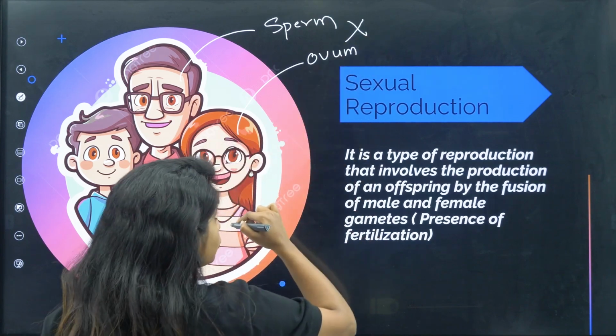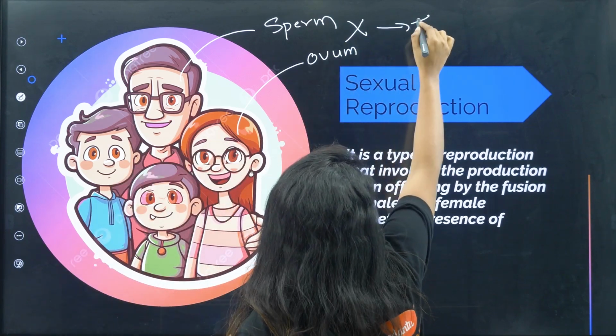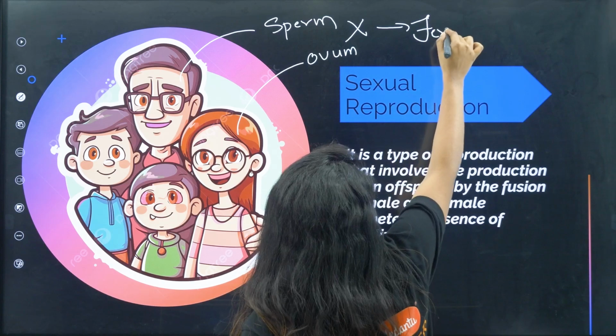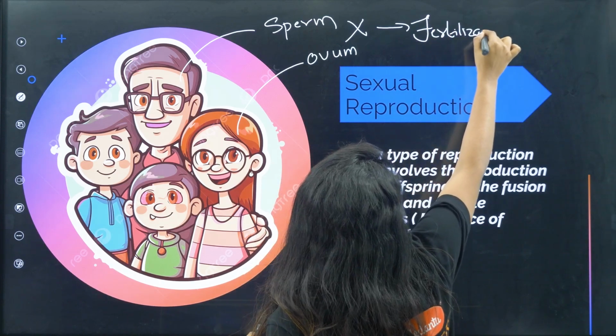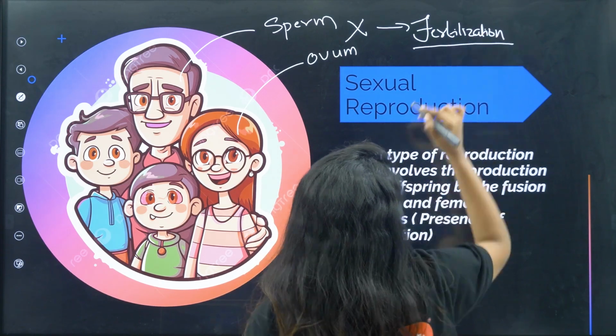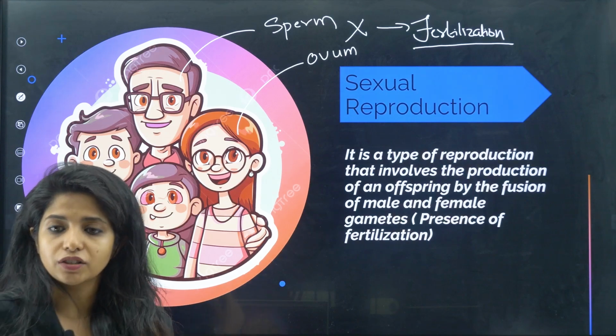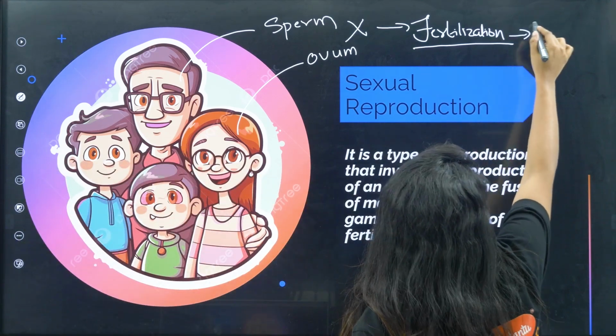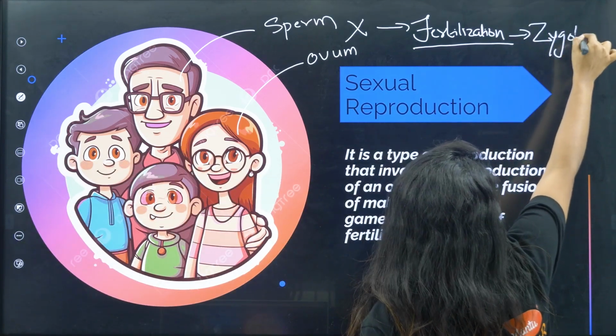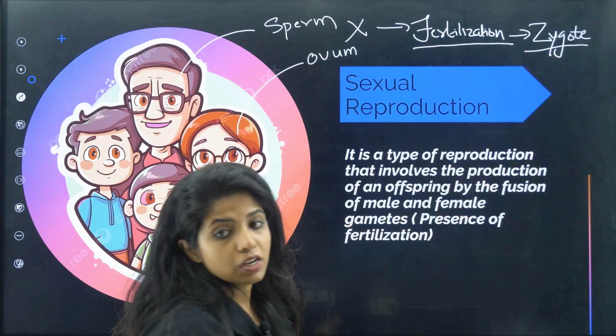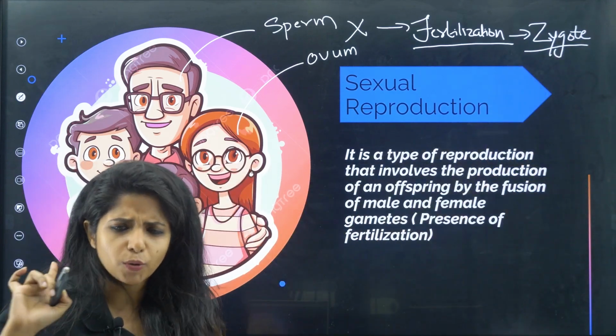Both of them fuse, and this process of fusion is known as fertilization. They are going to give rise to a single cell which is known as zygote. We are going to talk about that.